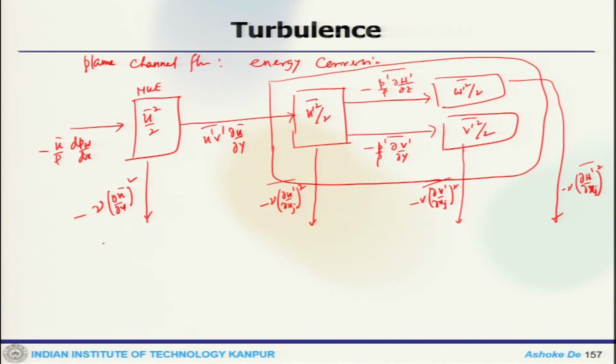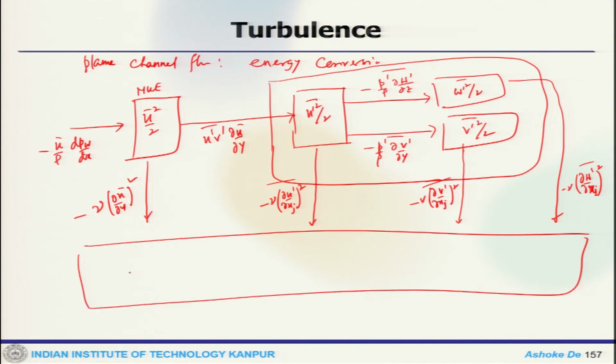So, all this will contribute to one single component, the internal energy, which is Cv T bar in case of ideal gas. So, this is how the complete picture of the energy conversion looks like for a plane channel flow.